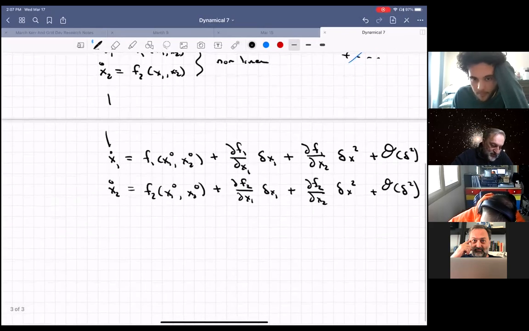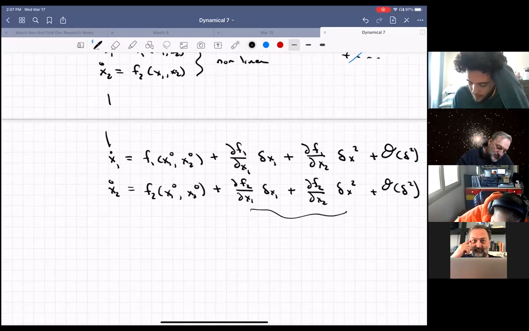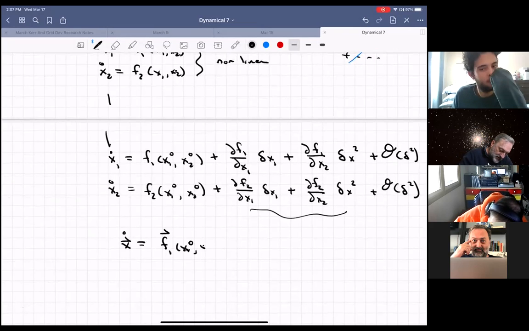And so if I extract this portion here, I could write this as x vector dot is the function vector at x1 naught, x2 naught, plus some matrix J times delta x vector.